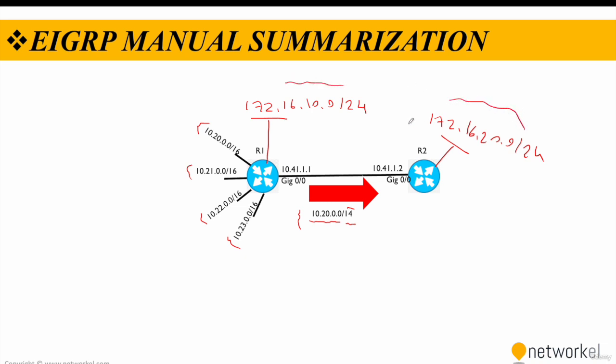Okay, so if both router 1 and router 2 would be performing EIGRP auto summarization, router 1 would advertise this network as 172.16.0.0/16 to router 2. In the same way, router 2 would advertise this network as 172.16.0.0/16 again.